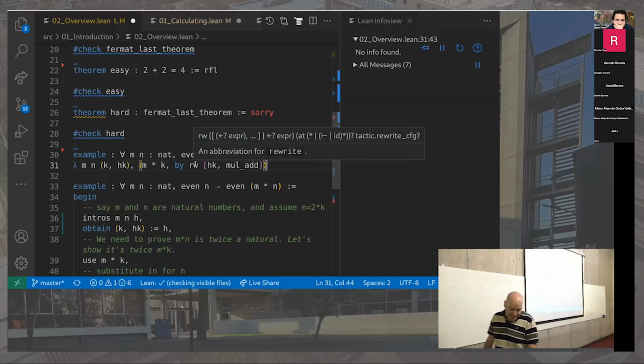What I can say is that the axiomatic system of Lean is equivalent to ZFC, so Zermelo-Fraenkel with the axiom of choice, plus a countable family of inaccessible cardinals.